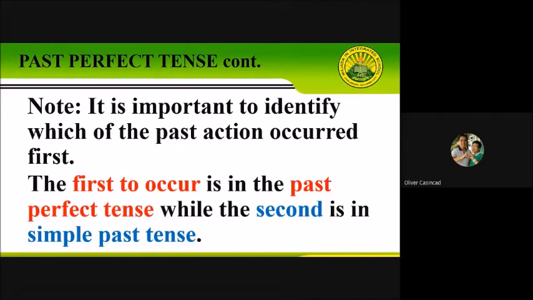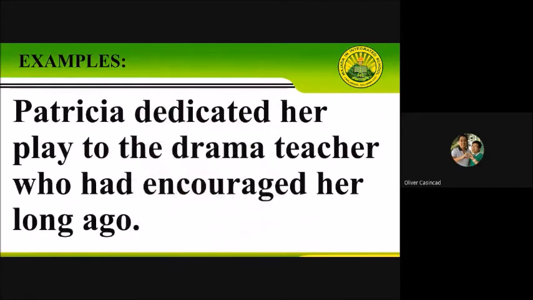So remember, the first to occur is in the past perfect tense, while the second action in the past is in the simple past tense. For example, you have there had encouraged is in the past perfect because that action happened first.